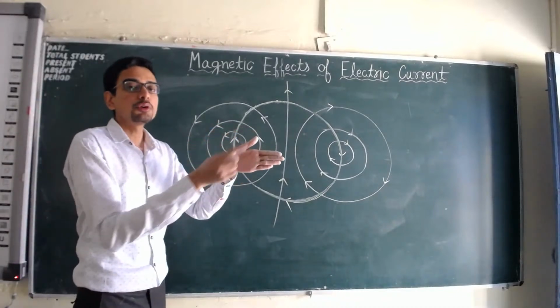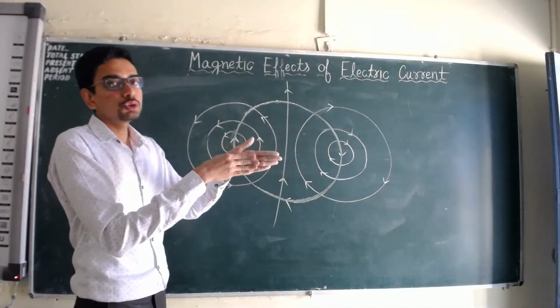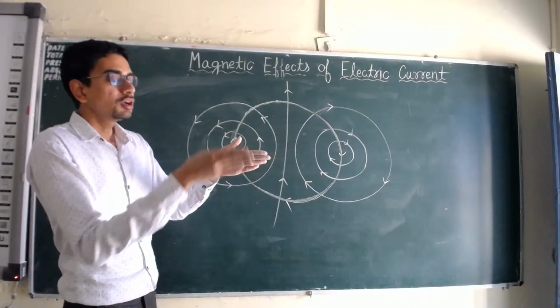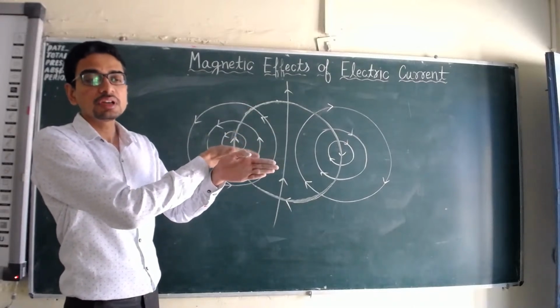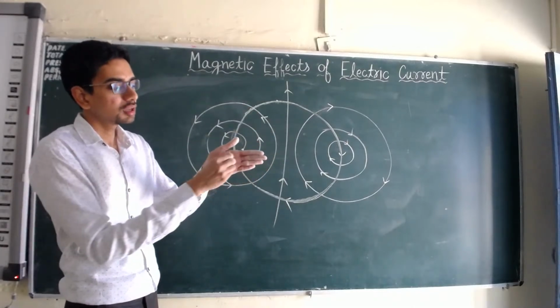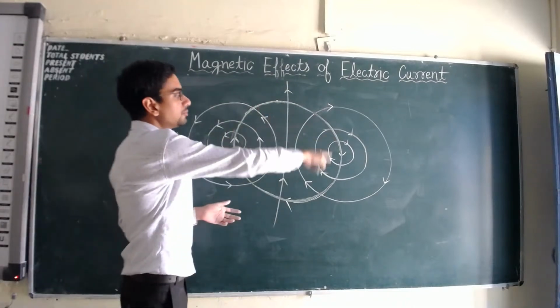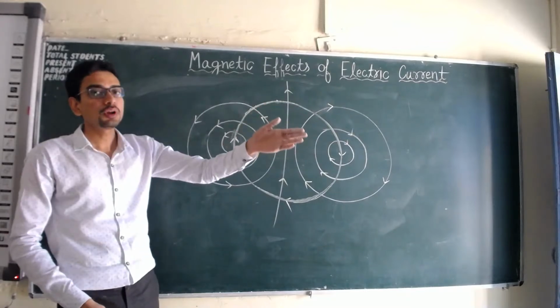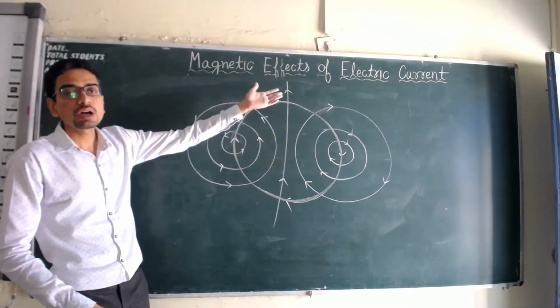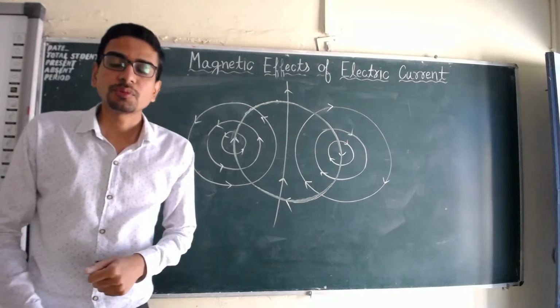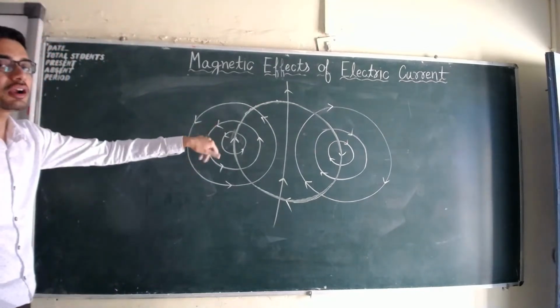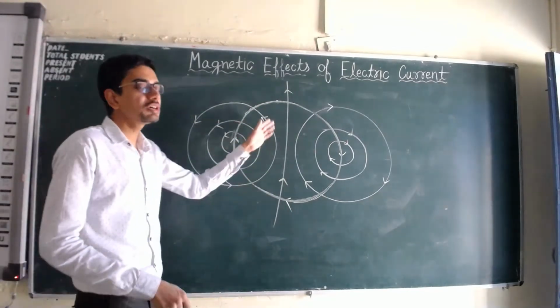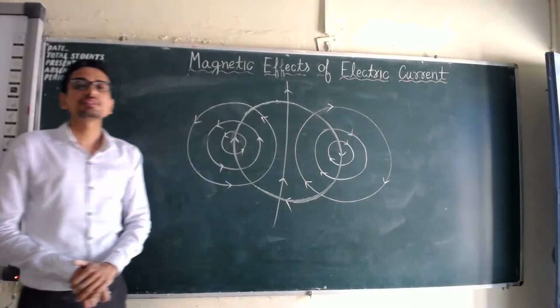Okay, poles ना होंगे इसके, एक जो फेस आपकी तरफ है वो एक पोल होगा, जो फेस दूसरी तरफ है that will be different. जो फेस आपकी तरफ है that is imagine north pole, और जो फेस दूसरी तरफ है जो आपको नहीं दिखाई दे रहा that is south pole. Okay, so how will you find out the direction of north and south pole? कौन सा फेस north pole है, कौन सा फेस साउथ पोल?